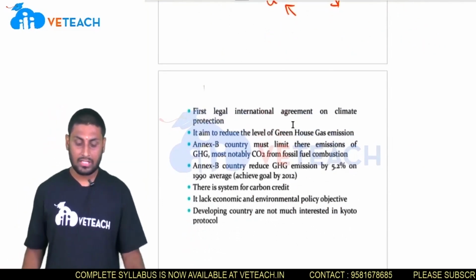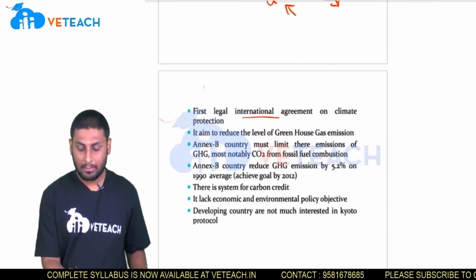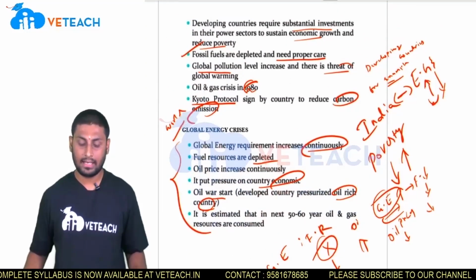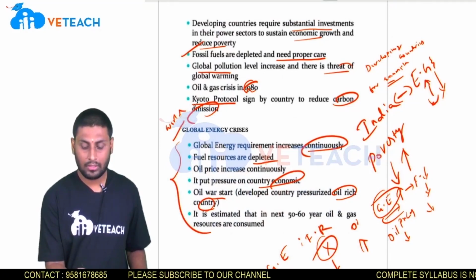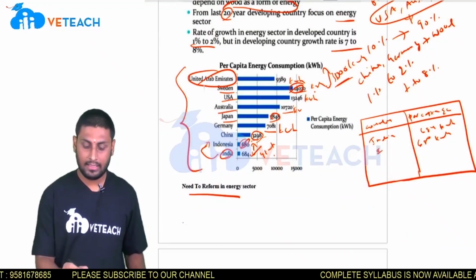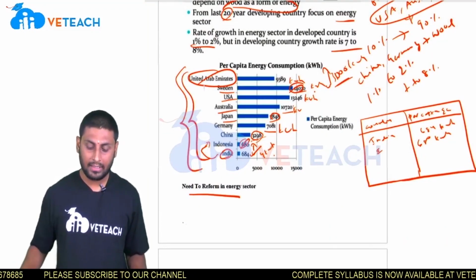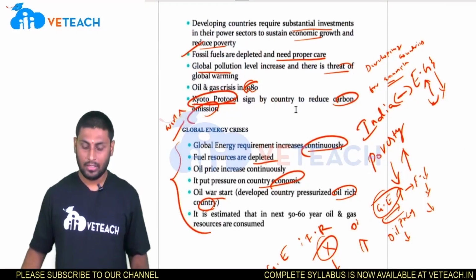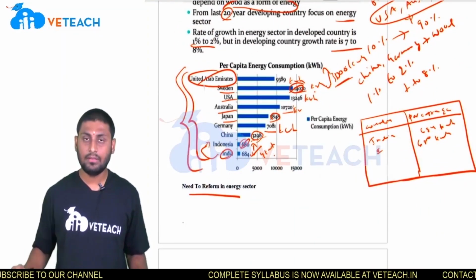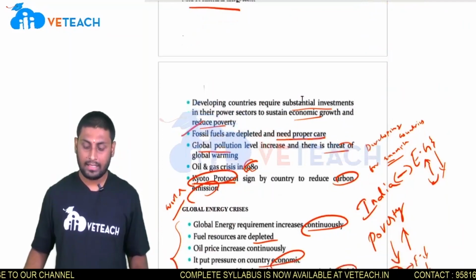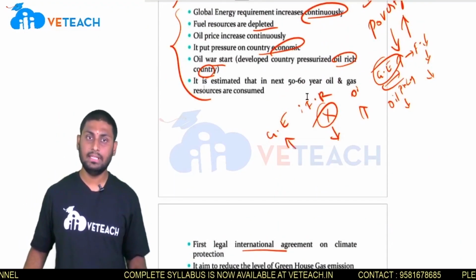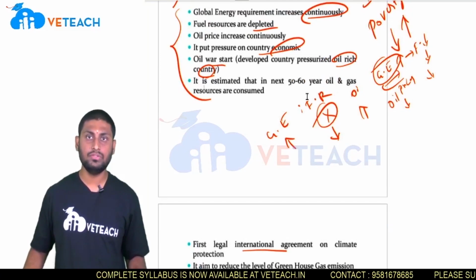First we considered the international agreement, where we use the Kyoto protocol. These are the countries that come under the global energy crisis. We observed per capita energy consumption for each country. Now we are discussing how to manage energy resources with the fossil fuels we use.